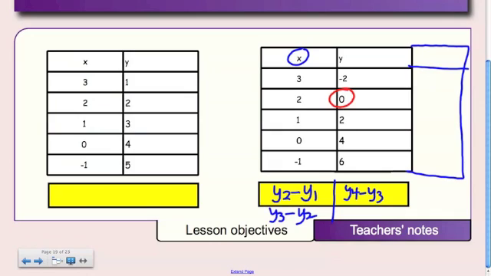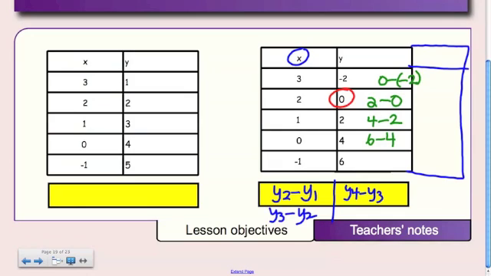Then I'm going to move to my third coordinate, subtract the one that comes before it, and so on and so on. So I will start with 0 and subtract negative 2. Then I'm going to take 2 and I'm going to subtract 0. 4, subtract 2. 6, subtract 4.